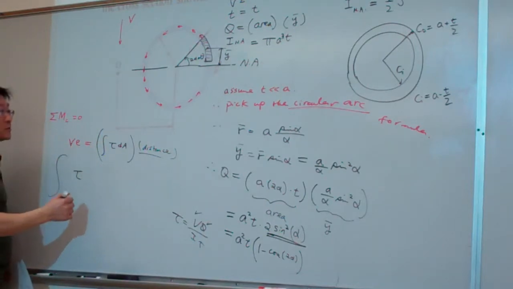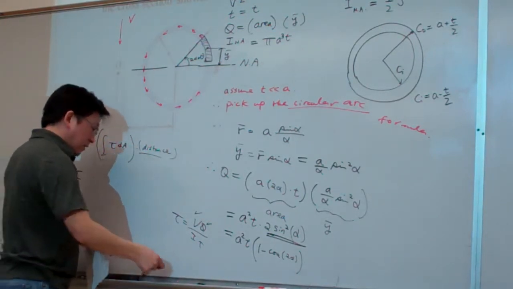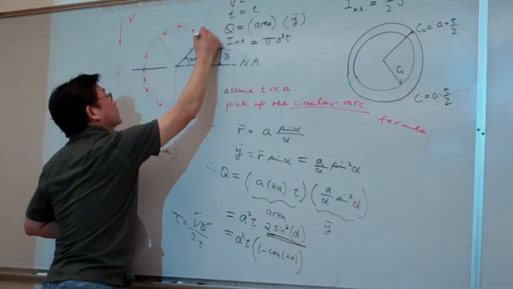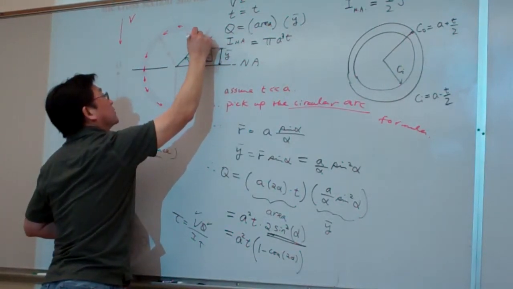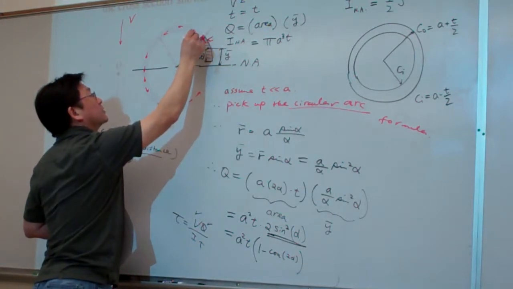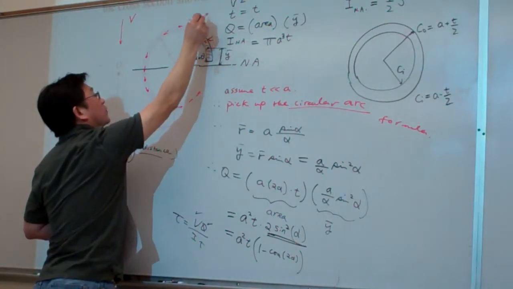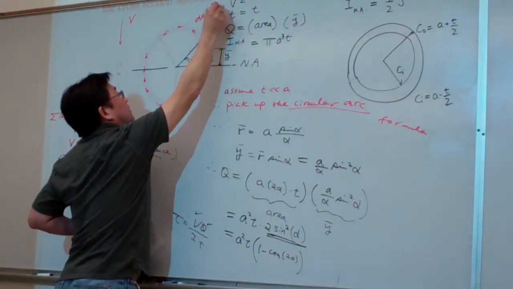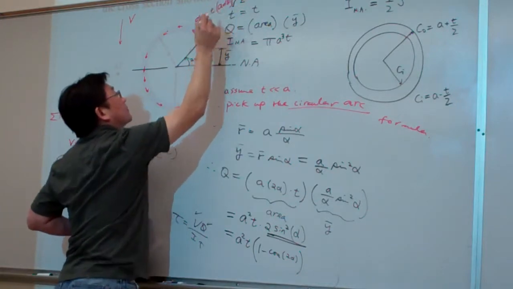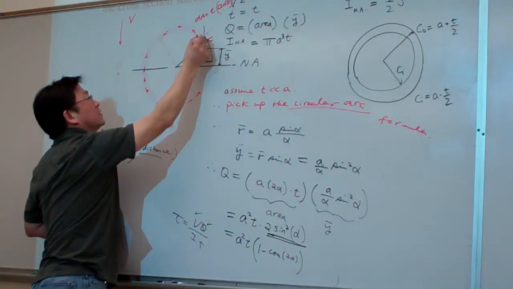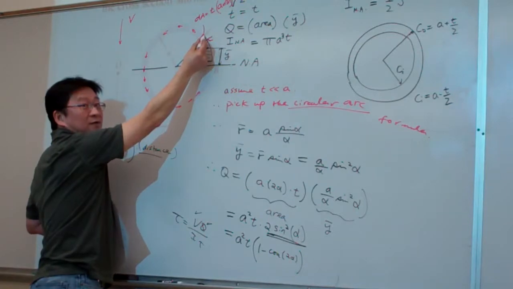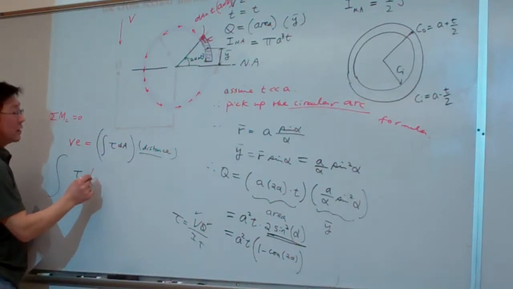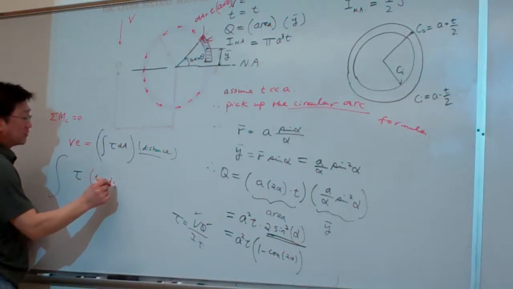We do the area integral. Now we fix the shear stress here. This is our shear stress around here, and this is the small area. What is the small area? That would be equal to T times radius times d theta. The small arc length is A d theta, right? So this one is tau times dA, where dA is T times A d theta.